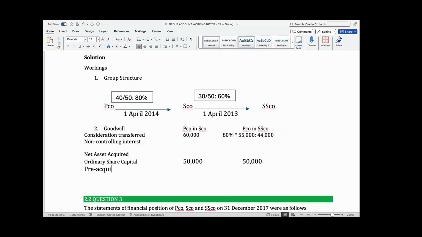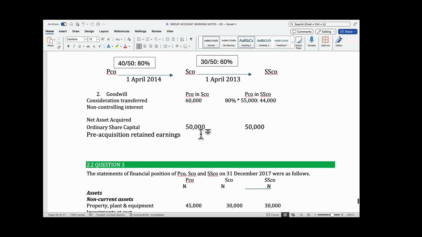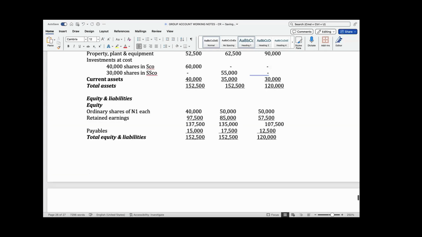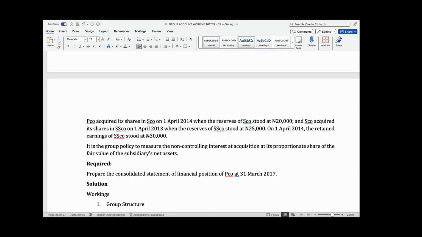Pre-acquisition retained earnings. What's our pre-acquisition retained earnings when we acquired ESCO? 20,000. 20,000, sir. What was our pre-acquisition retained earnings when we acquired SSCO? 25,000.